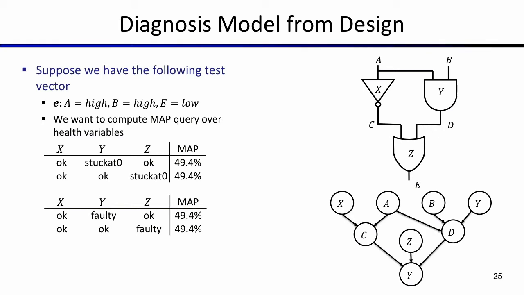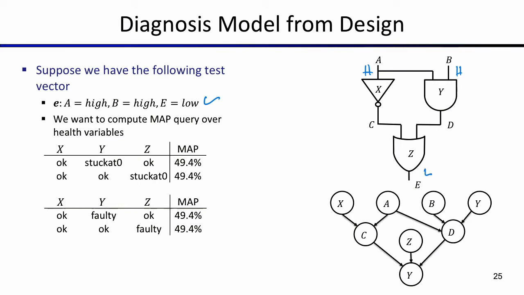Imagine that is exactly what is happening. We can go to the Bayesian network and give evidence, and this evidence is going to be a test case. Imagine that our test case is A high, so we provide high here. I'm going to say B high too, and the output is E low.